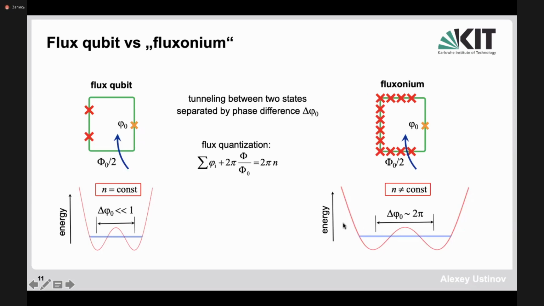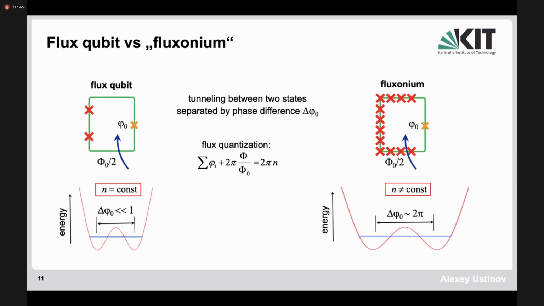This is achieved by making the junction here quite small, and therefore making its quantum tunneling more probable, so that the states in this potential are coupled by a strong tunneling matrix element amplitude. So here you go between states which correspond to different n, and there you go between states which correspond to the same n. This is essentially the difference.